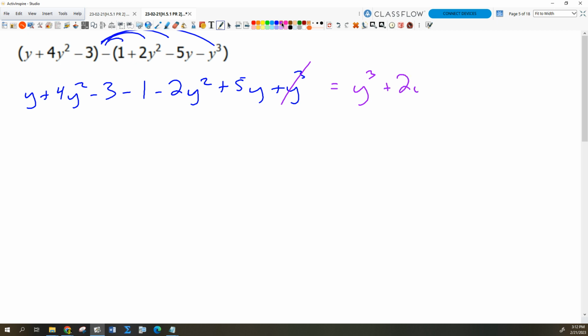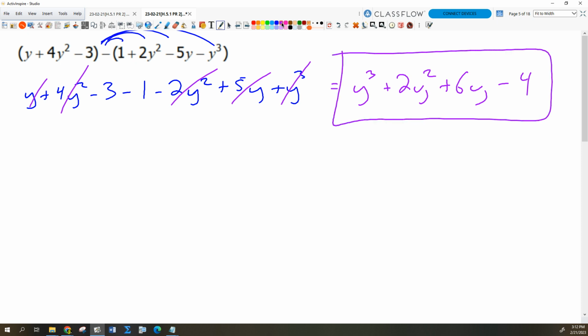Good. So plus 2y squared, and we can knock those guys out. And then, what's the next one going to be? 6y from those two. And then finally, what's my last term? Yeah, there it is. Okay, so that's my answer. Piece of cake, right? There's nothing to it. Adding and subtracting polynomials could not be simpler, right?